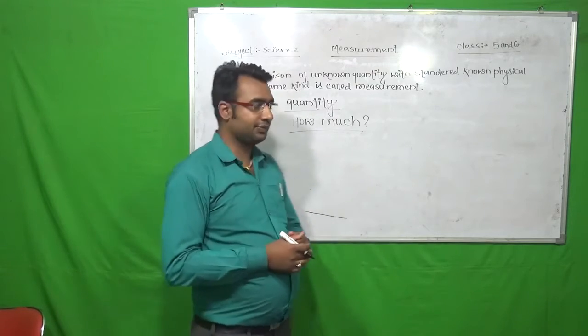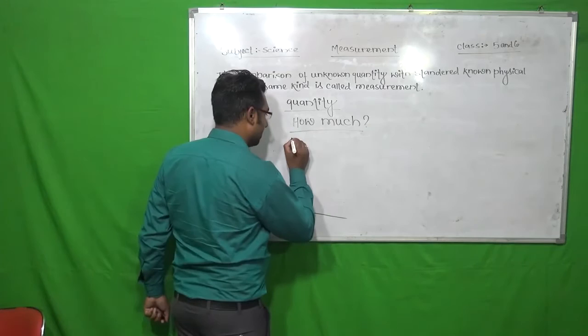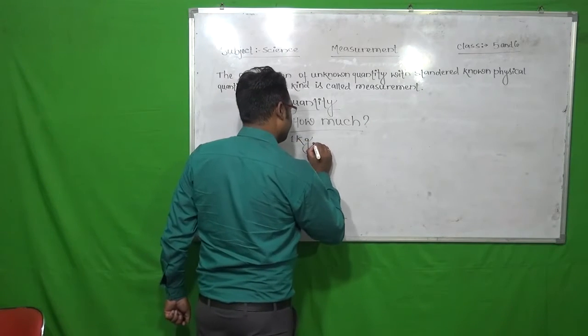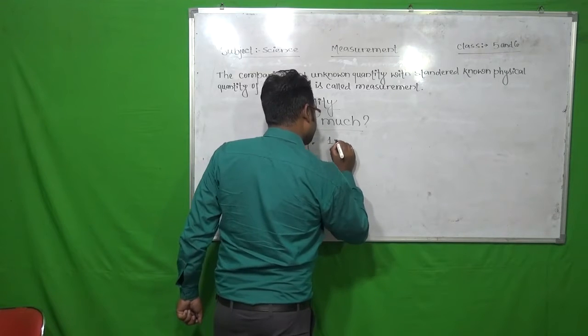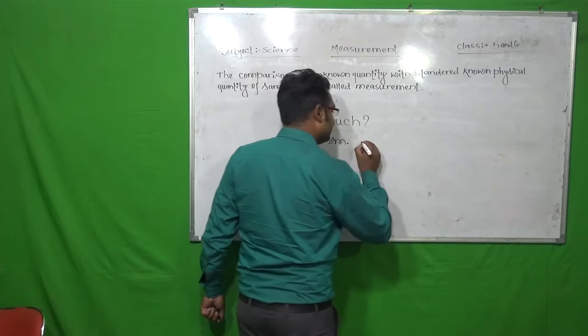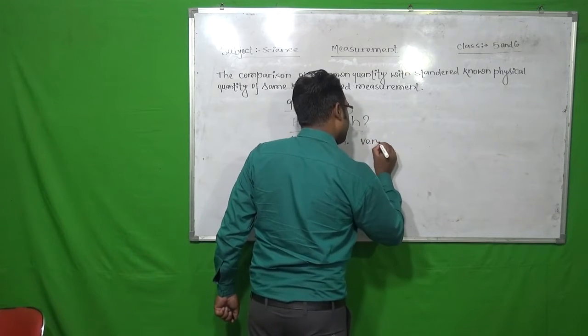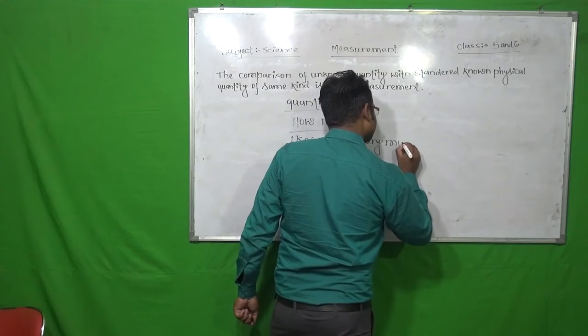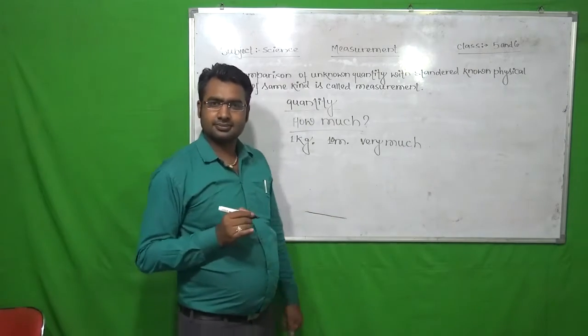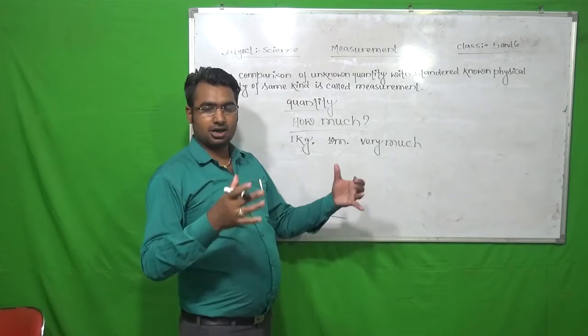What are the two ways? They are like 1 kg, 10 meter, as well as very much, a little bit, a lot of.